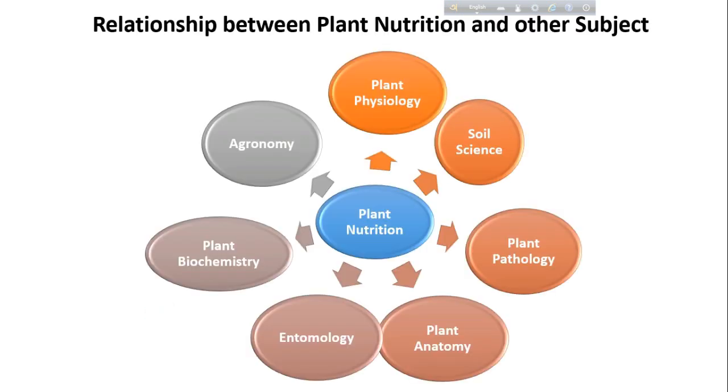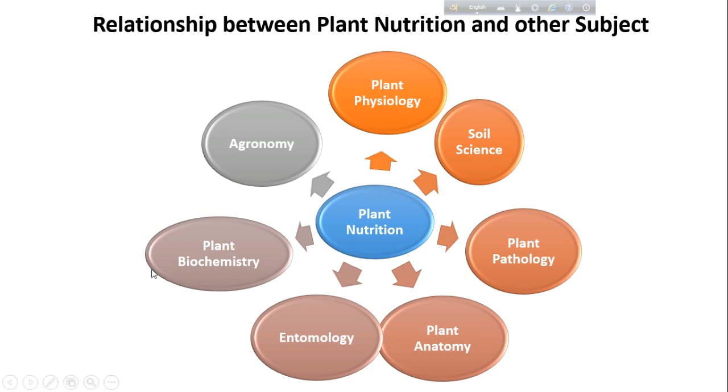So there is a very good relationship between plant nutrition and other subjects. Among them are plant physiology. There is a strong relationship between plant physiology and plant nutrition. And then soil science, as the maximum nutrients are present in the soil system. And then agronomy, which is the management of crop production system.